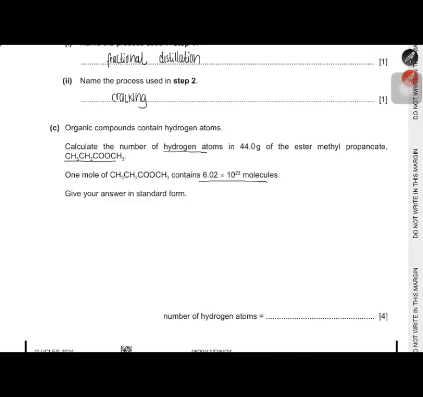First of all, we need to find the moles of our molecule. Moles of CH3CH2COOCH3 is going to be mass divided by Mr. Mass is 44 grams. What is the Mr?